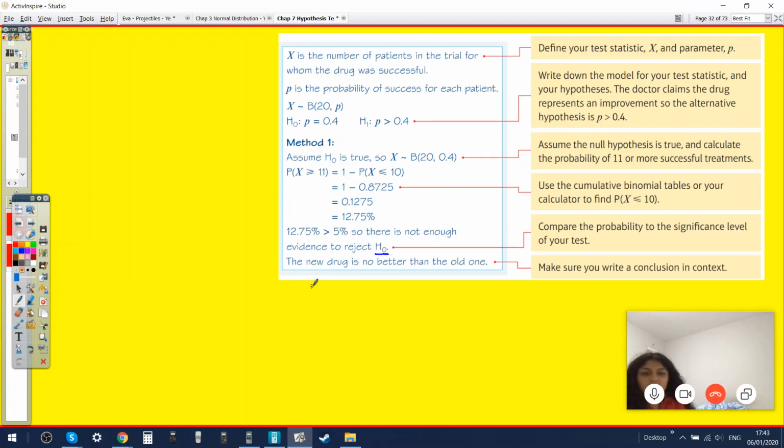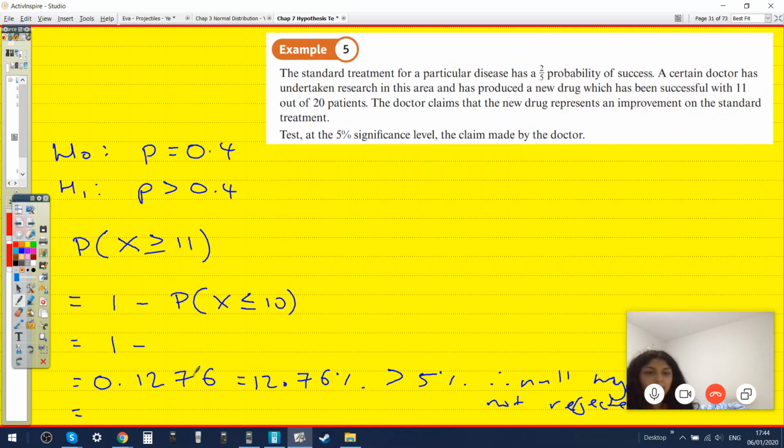No, it says reject. There is not enough evidence to reject. Yeah, that's confusing. Double negatives. Not enough to reject. So the new drug is no better than the old one. So that would have to be like 4% or something like that.